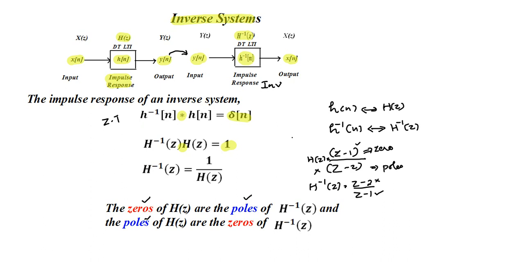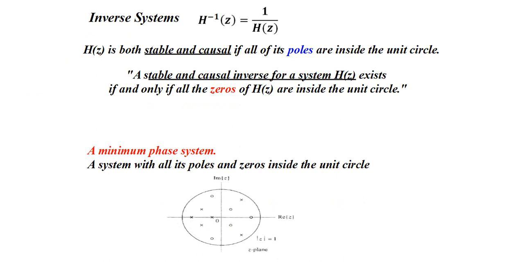This is the basic concept of the inverse system. Now we'll discuss some very important points related to this. Mainly in an inverse system we will always check the stability and causality of the system. In general, if there is a system h of z, it is both stable and causal if all poles of h of z are inside the unit circle.